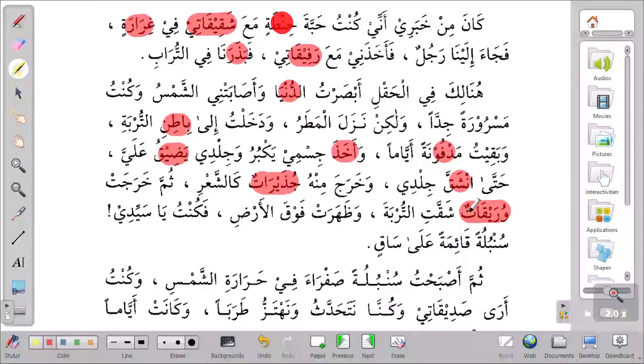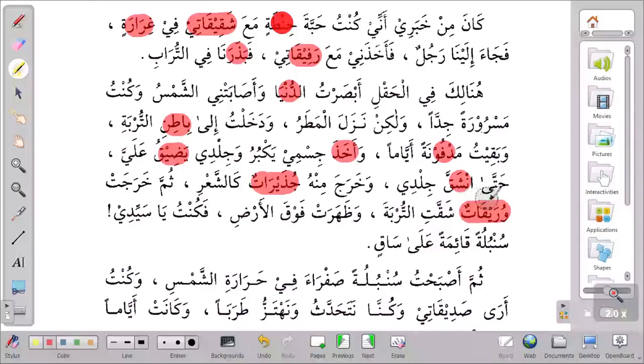Small leaf. So warakun is just a leaf, uraikun is a small leaf, and then the plural is uraiqat, several small leaves. So, summa kharajat uraiqat shaqqat turba.